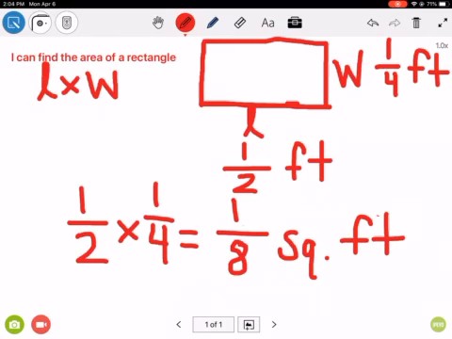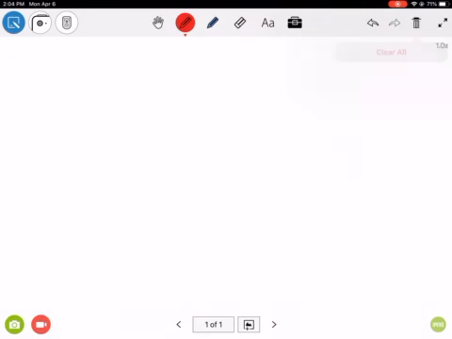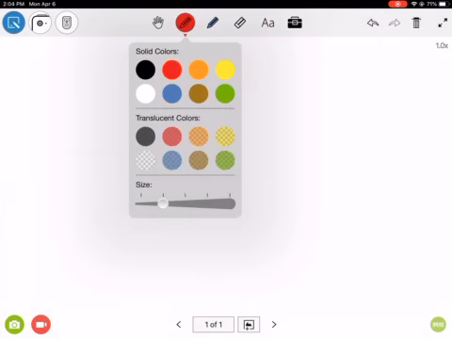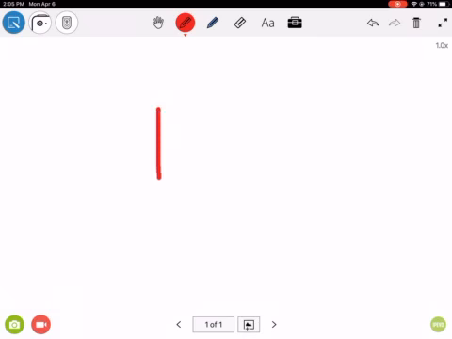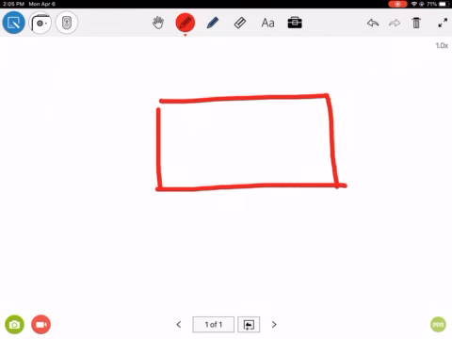Okay, let me do one more example for you. All right, so let's pretend my length is, let's say, 3/4.